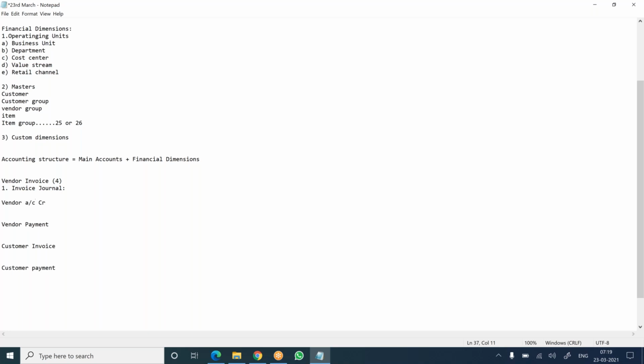Why will the vendor account be credited? Because I am receiving material. That material may be A4 stationery or Xerox machines or washing machines or anything. Here, if it is invoice journal, it is a non-stocked item, I mean to say without any item.